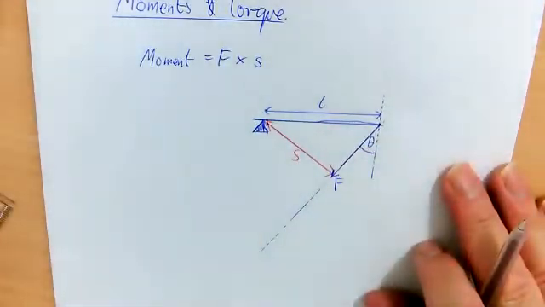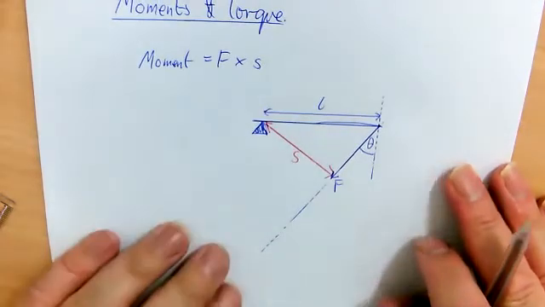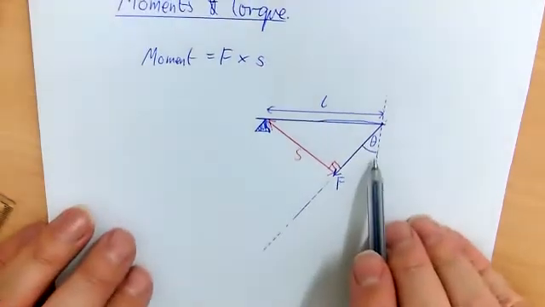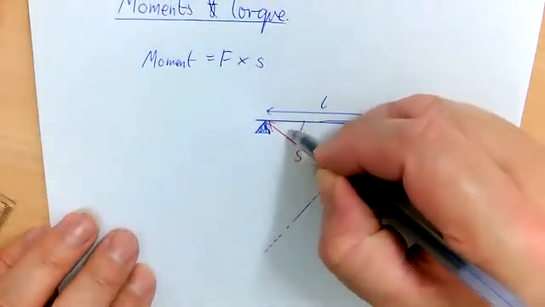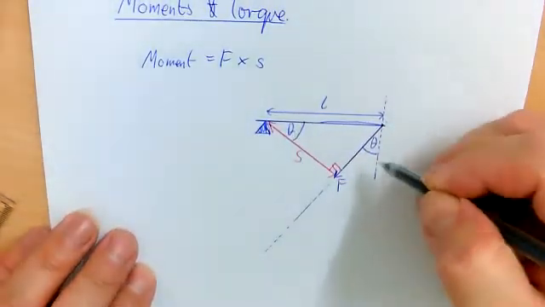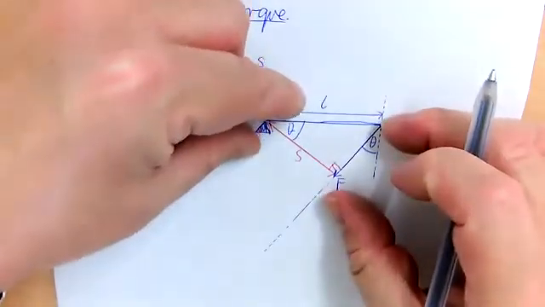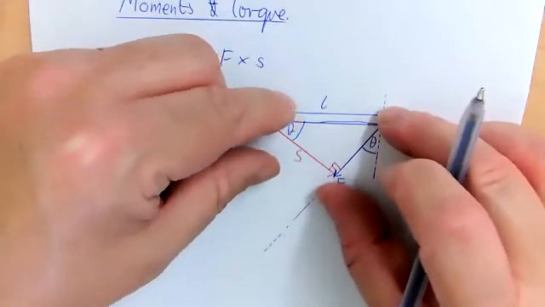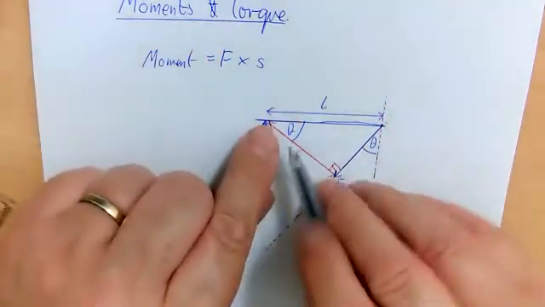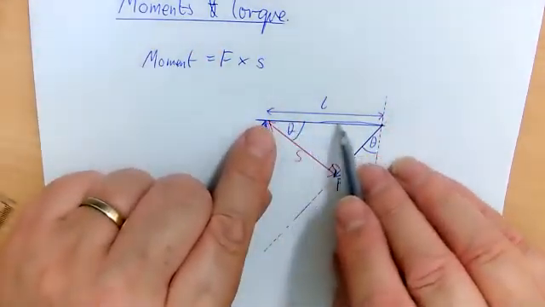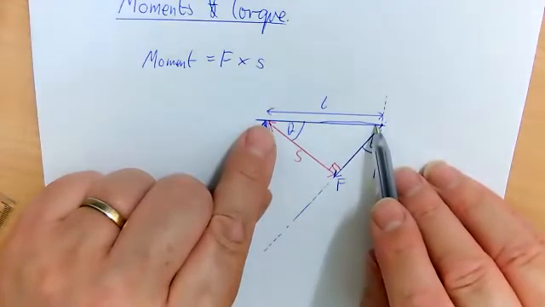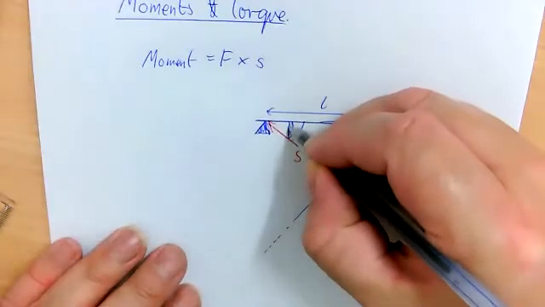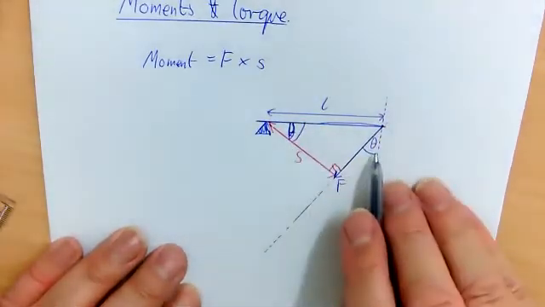Now you can use bits of geometry here. If that's at right angles there, we know that this angle and this angle are actually the same angle. If we rotated the force round so that angle was 0, then the perpendicular distance line would be perpendicular there, so that angle would be 0 as well. So it makes geometric sense that that angle and that angle are the same.